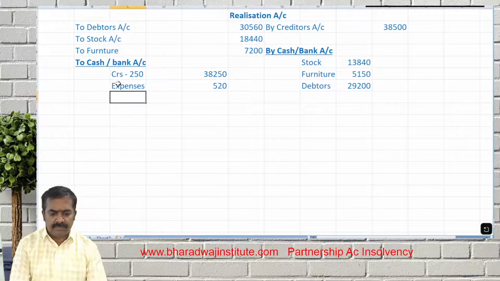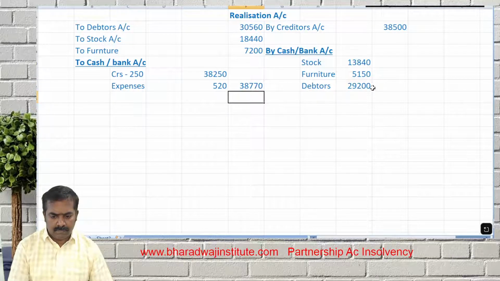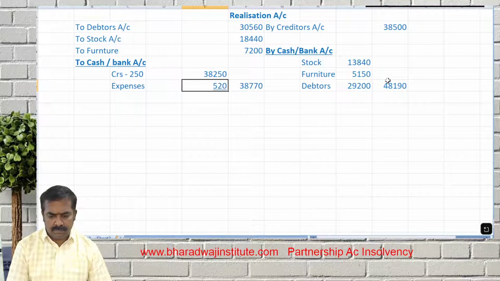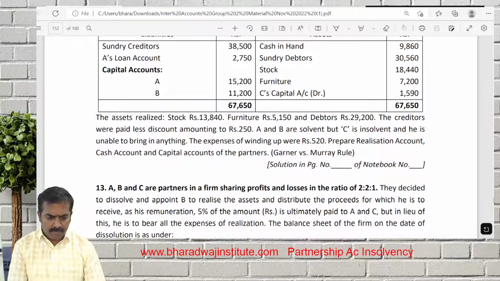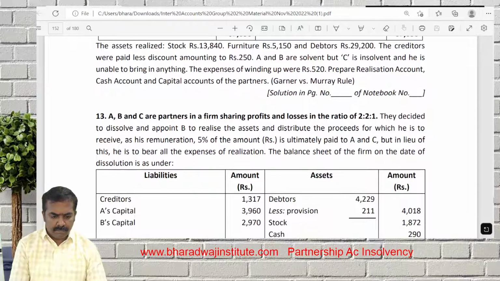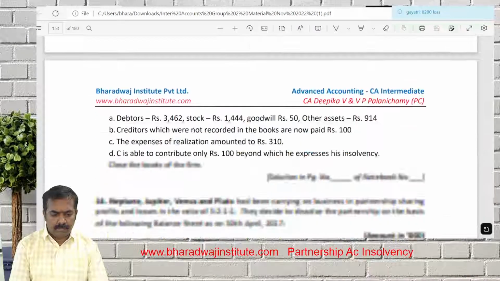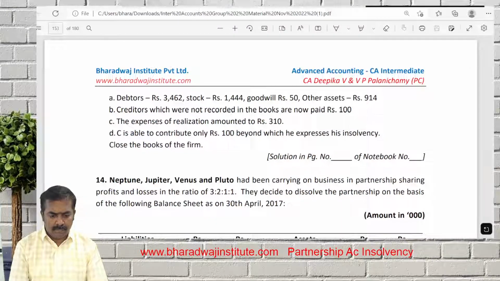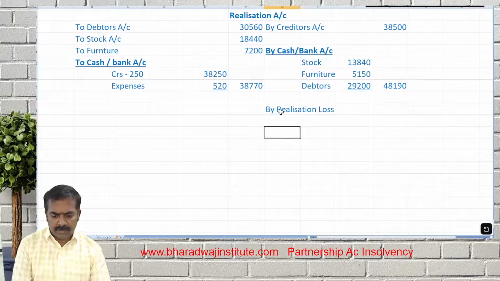Expenses 520. Yeah. லாஸ் எவ்வளோ இருக்கு? 8,000.